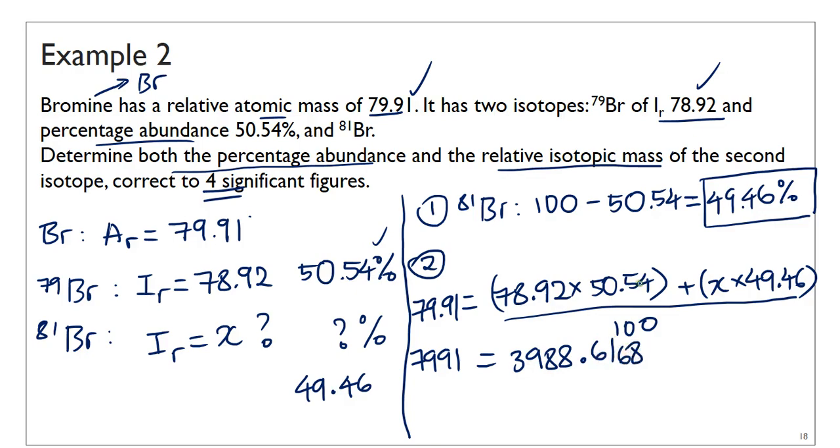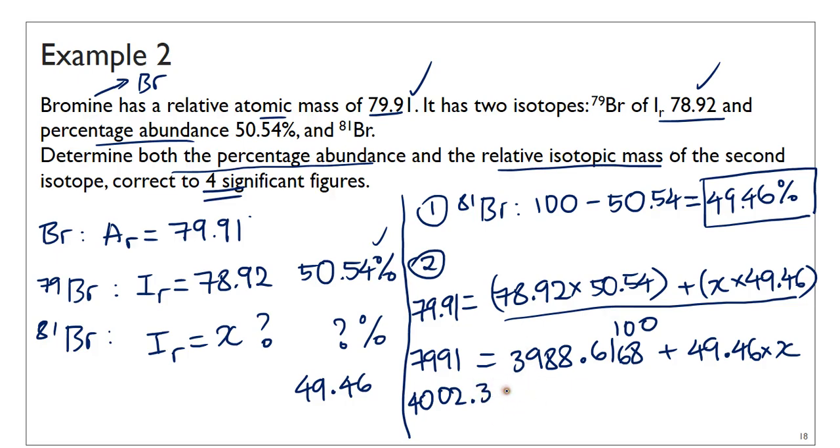So I basically just did the multiplication, the brackets, plus 49.46 times x. So you want to subtract, so 7,991 minus this. Again, do not round. Keep all the decimal places in your calculator.